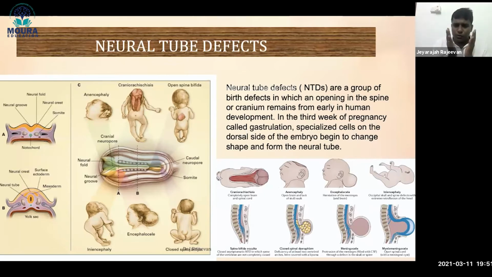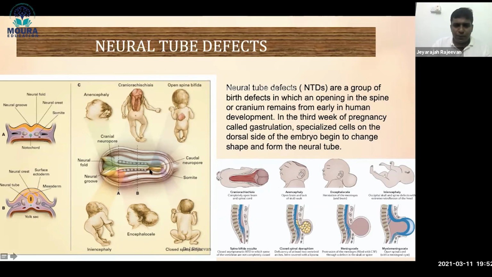When these neural tubes are formed, they are fusing to form a tube structure. You can see here the tube-like structure, right? During the fusion, sometimes that fusion might not be complete, an incomplete fusion. If it is an incomplete fusion or weak fusion, what will happen?